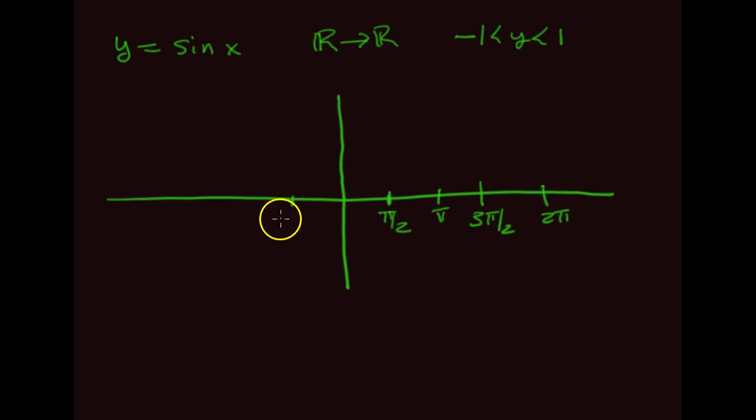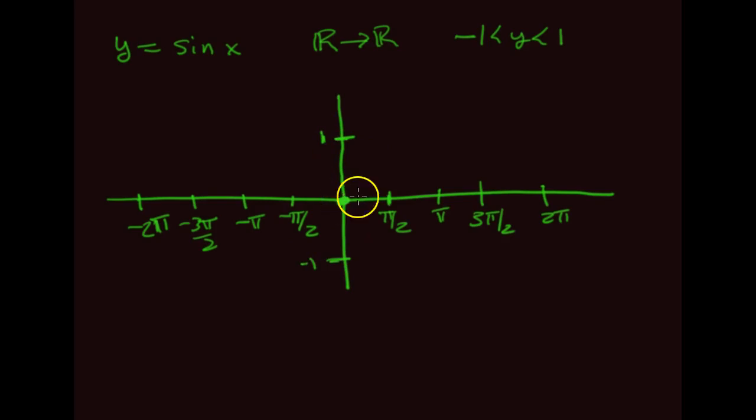And then I'm going to graph it backwards too, to negative pi over 2, to negative pi, to negative 3 pi over 2, and to negative 2 pi. So if we graph these values, these are like the major points on a circle. Right, we're going to go from 1 up here and -1 down here.